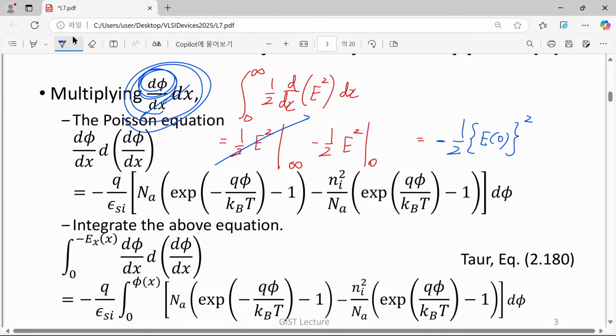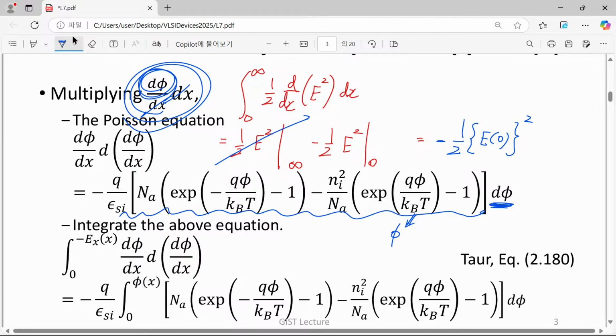So the right-hand side term can now be simply written as this one. All of our integrands are just a function of potential. Oh, sorry, this is not surface potential, but the electrostatic potential, and we have to do the integration over that potential.